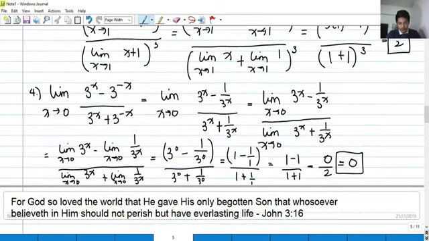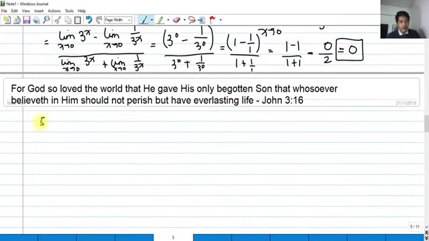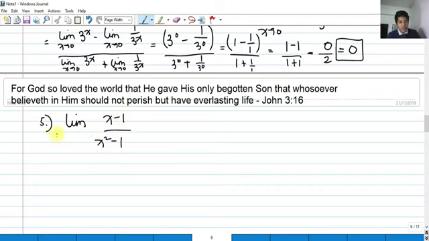And for number 5, we can have the limit of x minus 1 over x squared minus 1, as x approaches 2. The only problem here is, again, we should not get a 0 denominator upon evaluating the limit. So we can distribute the limit: the limit of x minus 1 as x approaches 2, divided by the limit of x squared minus 1 as x approaches 2.